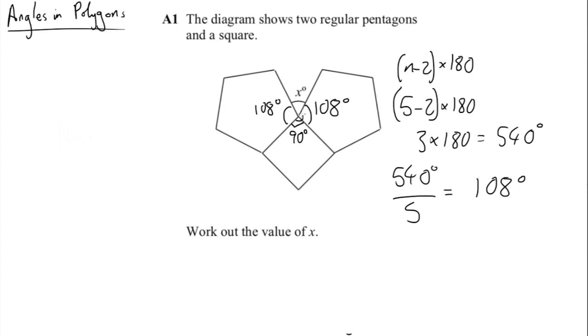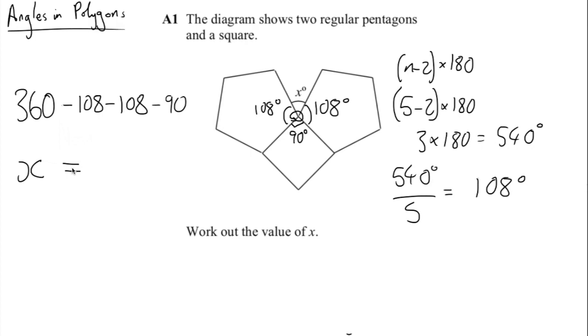Now look, this goes round a point, so we know it must be 360 degrees. So let's start with 360. Let's take off 108, take off another 108, and take off a 90. And that's a weird little equal sign. Sorry about that. We'll do that again. So our x equals, get the old calculator out again, 360 minus 108, minus 108, minus 90, gives me 52.